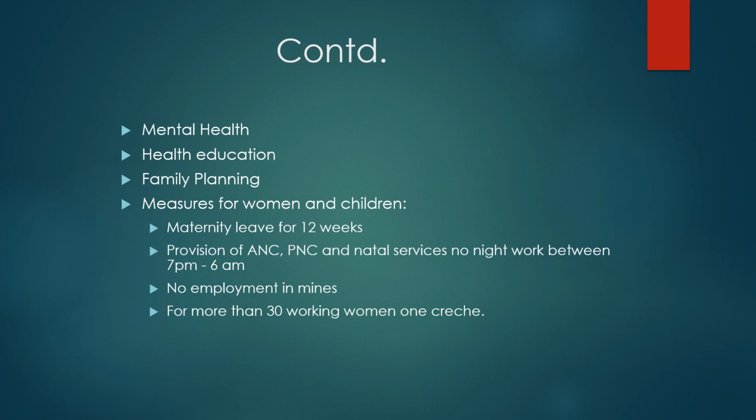Love and recognition of their good work and skill should be encouraged. Health education should be given to all the workers regarding cleanliness, use of personal protective measures, and personal hygiene. And family planning should be explained to all the workers. We should not have more children, so that they can give them a good education. All those things have to be told.